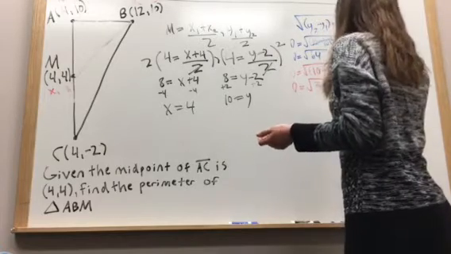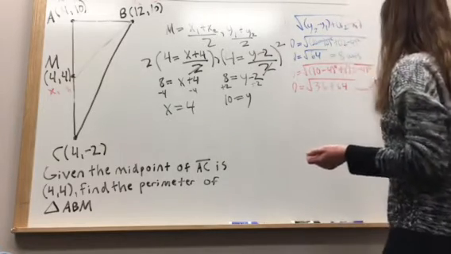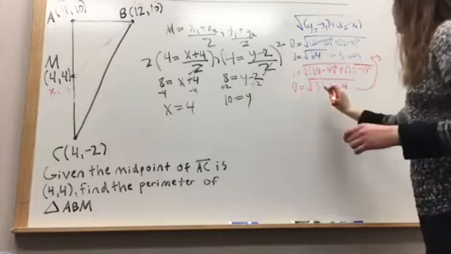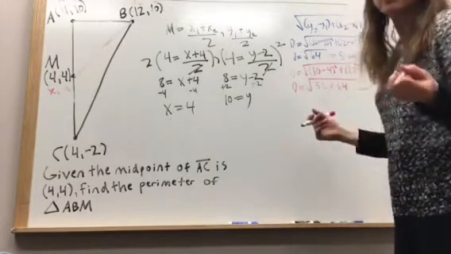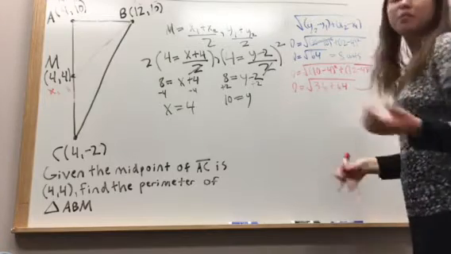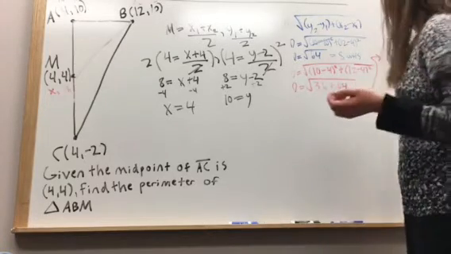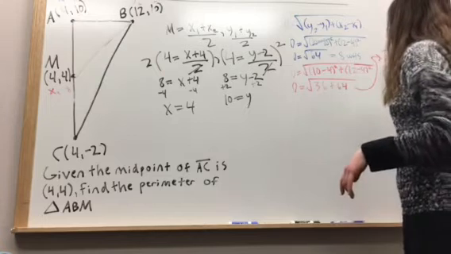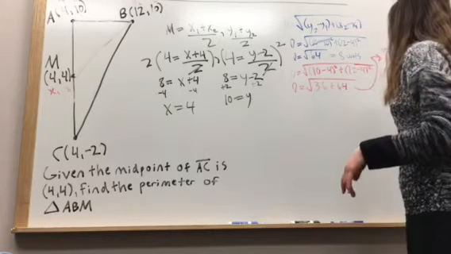I'm running a little out of room, so I'm just going to go up here. All right, so 36 plus 64, that gets us 100. So the square root of 100, another perfect square. This is working out really nice. The square root of 100 is 10, so we'll get 10 units.